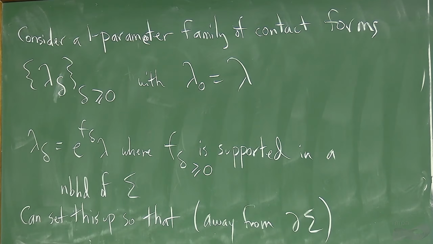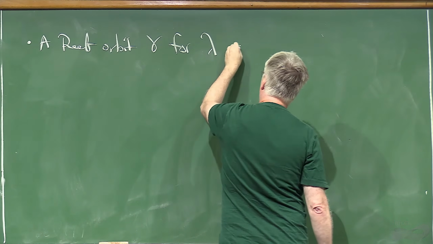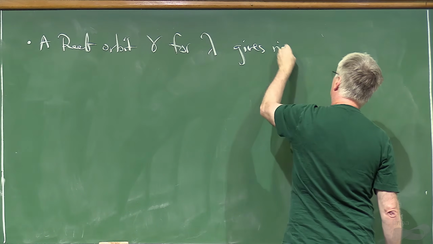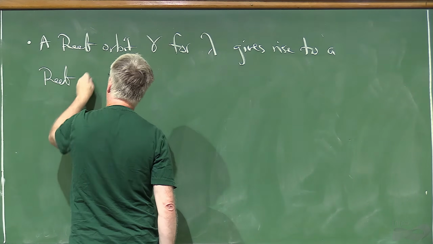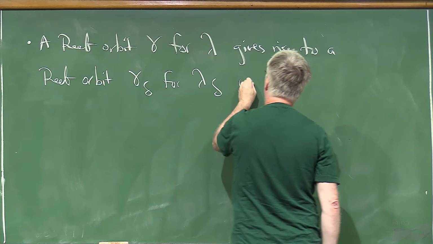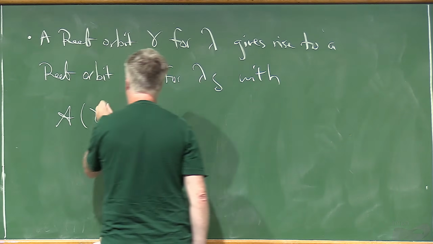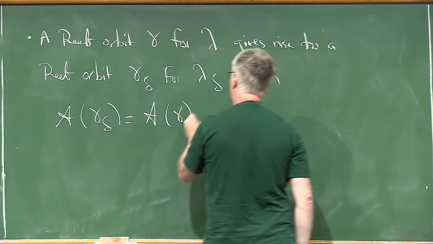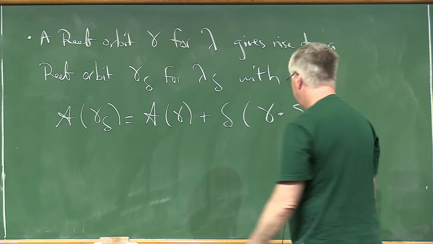Away from the boundary, a Reeb orbit gamma for lambda gives rise to a Reeb orbit gamma delta for lambda delta, such that the action of gamma delta is the action of gamma plus delta times the intersection number of gamma with sigma.